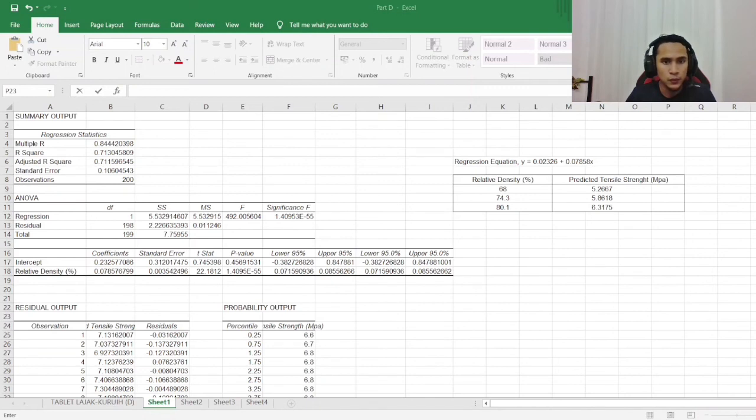From this table too, we can see the significance F is 1.40953e-55. When we compare significance F with alpha, we can see that significance F is smaller than alpha, so H0 will be rejected. This concludes that the data provide strong evidence that the linear relationship exists between x and y.